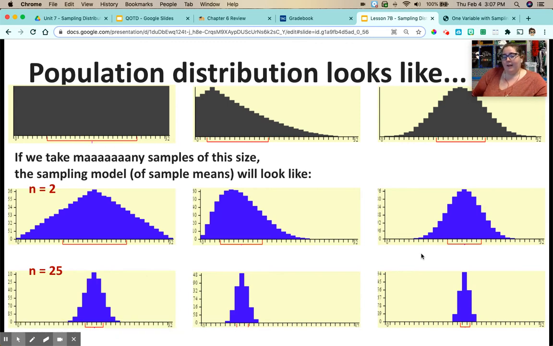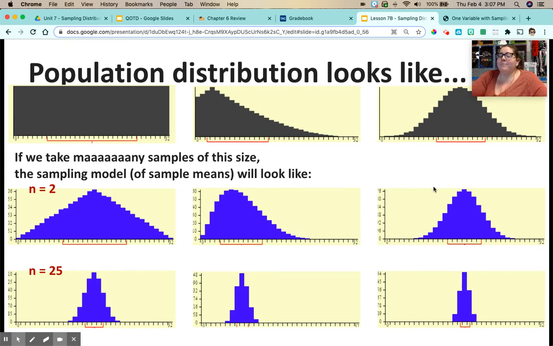So the mean is pretty much the same as I go from population to sampling distribution to sampling distribution. But the third thing, and this is going to be the important part in terms of our assumptions and conditions, is that the shape changes. The bigger our sample size, the more our sampling distribution is going to approach what we would consider a normal model.